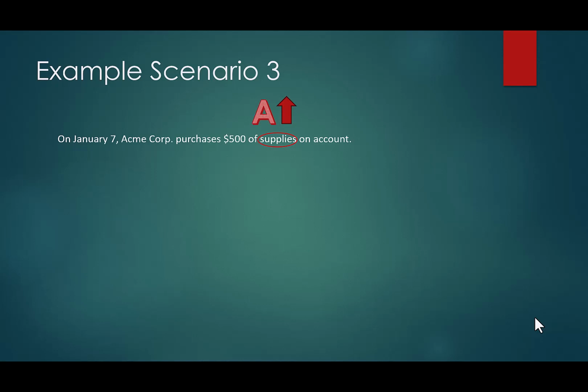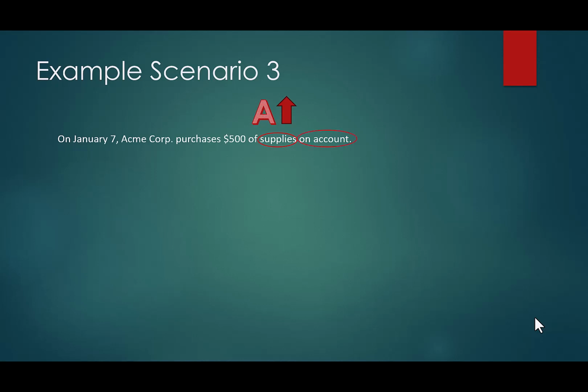What's different, though, is that we're not giving away our cash quite yet. Rather, we owe our vendor money in the future. If you recall from our second lecture, whenever we owe something in the future, this is a liability, commonly known as an account payable.